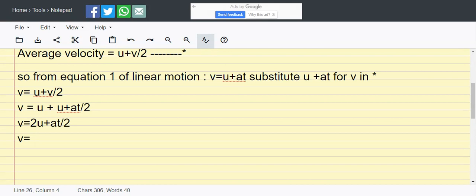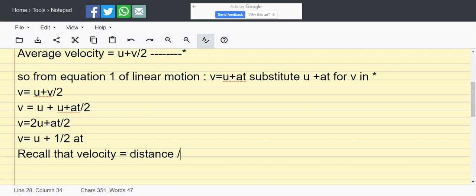Now we're going to recall that velocity equals distance over time. Distance s over time t.